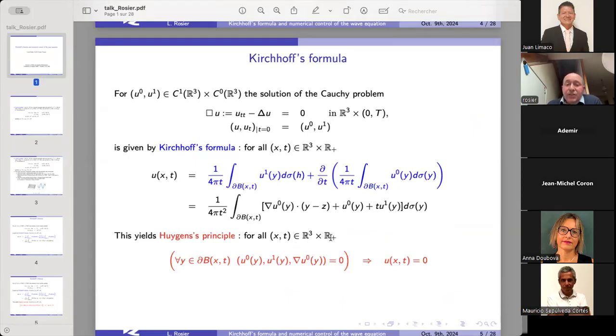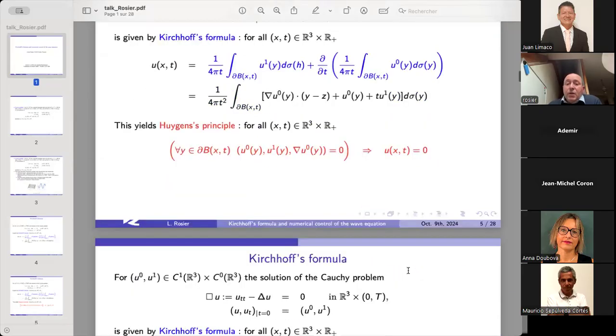For any (x,t) in R3 times R plus, if the initial data u0 and u1 and also the gradient of u0 are 0 in the sphere centered at x and of radius t, then u is 0 at (x,t). This is a way to express Huygens principle at fixed time t.